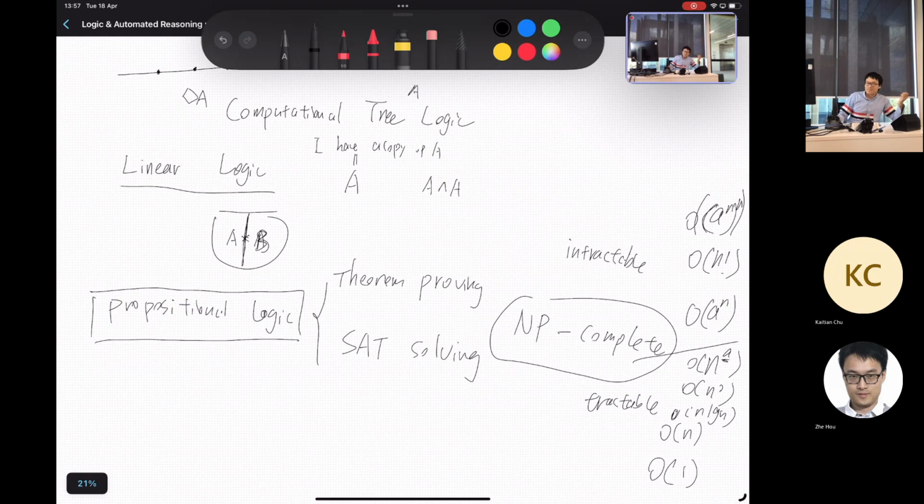In future sessions, I also want to talk about something that goes even beyond those, called incomputable. There's a whole theory of computability. Some problems are not computable at all, and that's not good.